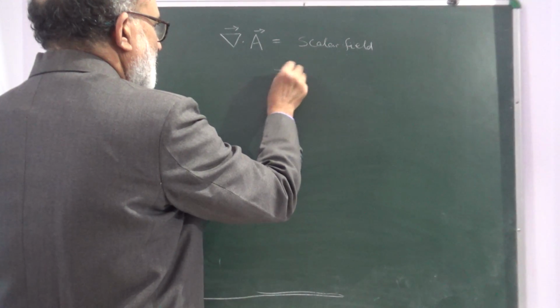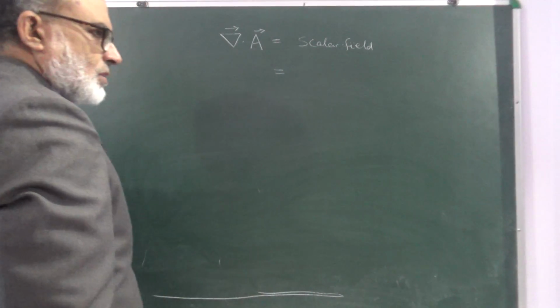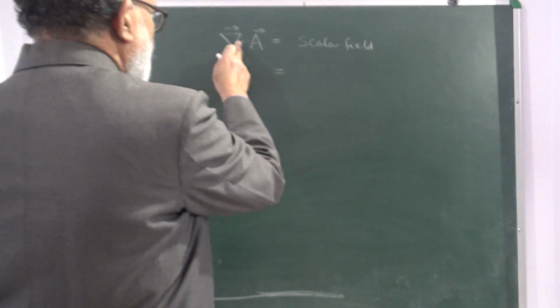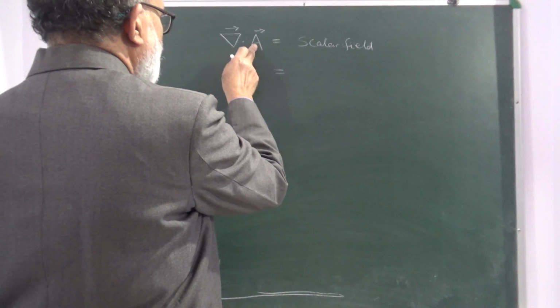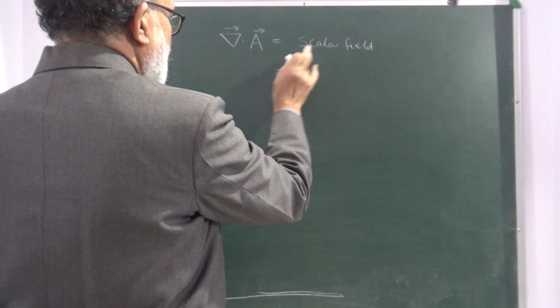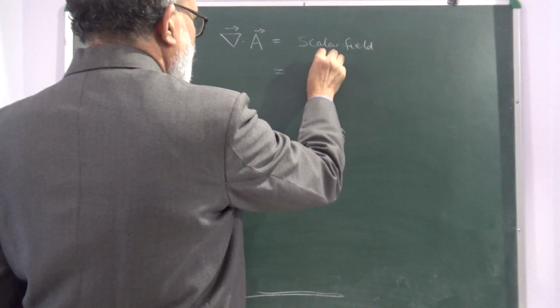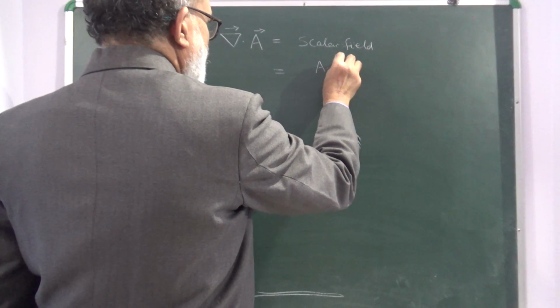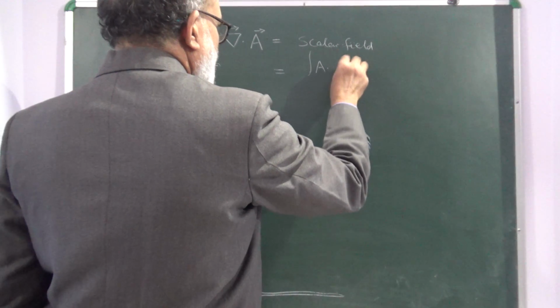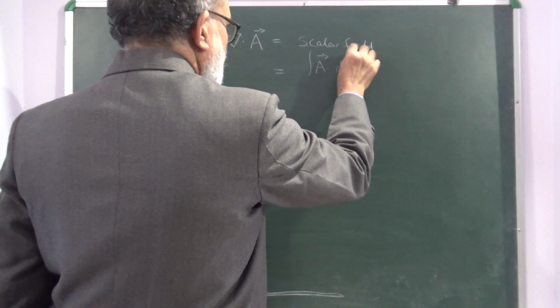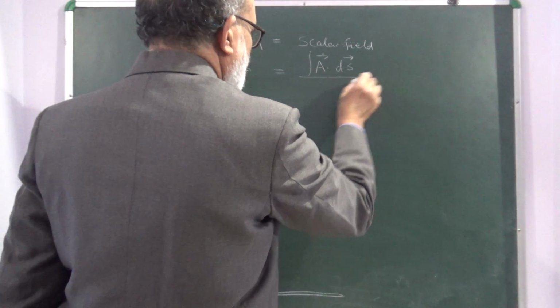and this scalar field, the operation of del on a vector field, is actually the flux of the field A through the surface area S bounded by the volume.